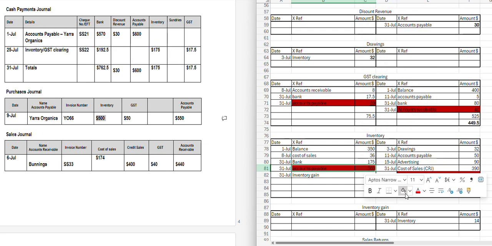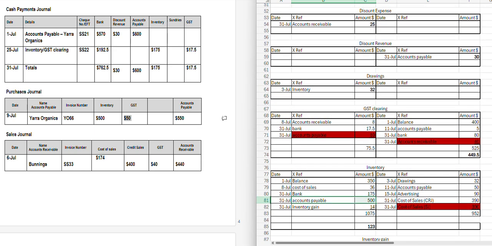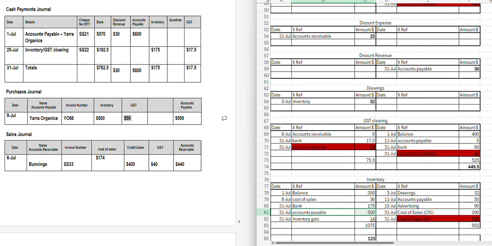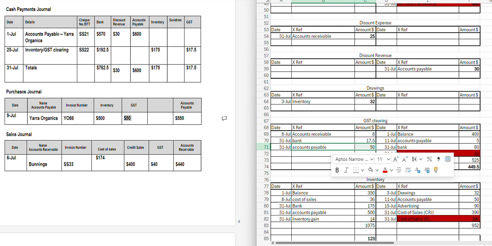And we're going to cross-reference that with accounts payable, because that's how we funded the inventory acquisition. The GST, $50. Well, because we're charged GST, eventually we're going to have to pay that, and that's going to offset the GST that we owe. So that's reducing our GST liability. A reduction in the liability is another debit entry. Cross-reference with accounts payable, that's who it applies to.